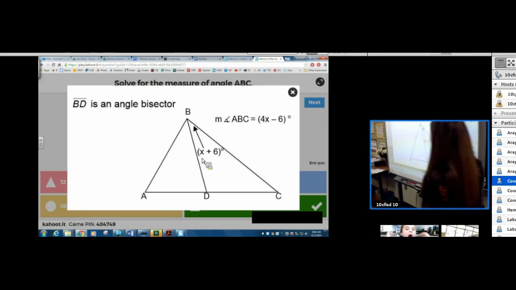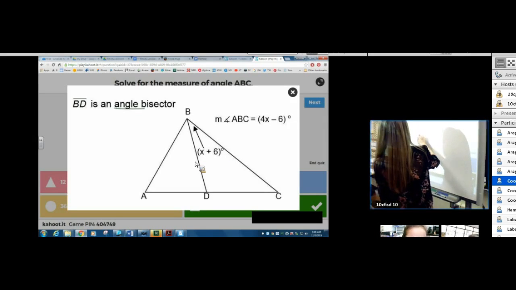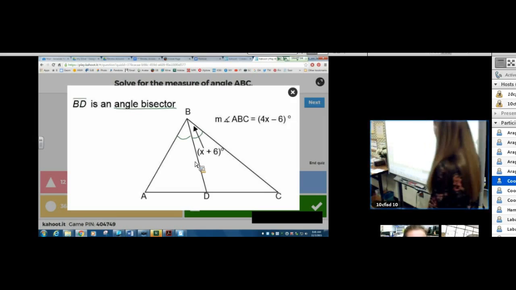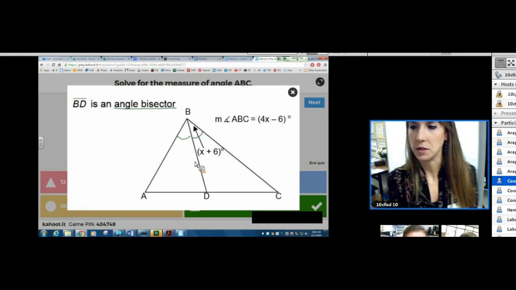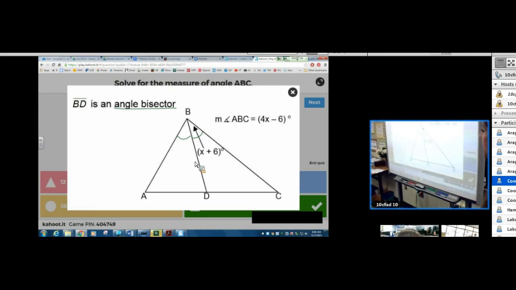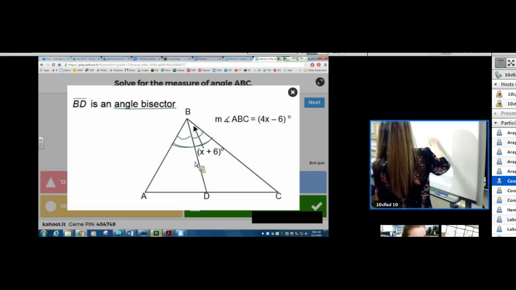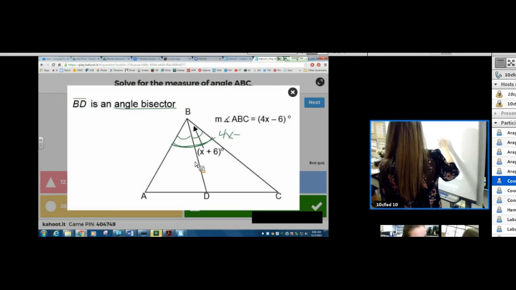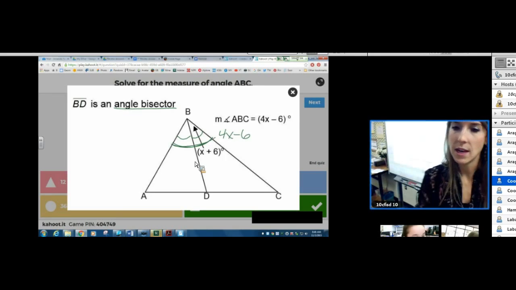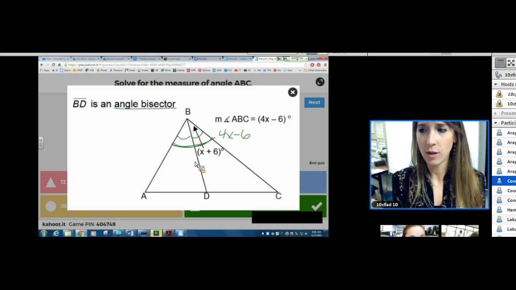BD is an angle bisector. An angle bisector's role is to divide an angle into two congruent angles. We know that the given angle is x plus 6, and angle ABC, the entire angle, is 4x minus 6. So we can either halve the whole or double the half.